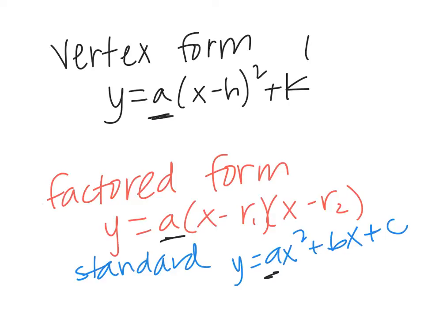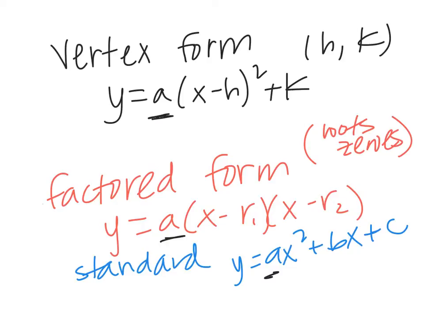So if you remember, your vertex will always be at (h, k). Your h in that parentheses, remember, lies to you. So the h shifts it left or right, but it lies, and then your k shifts it up or down, and it's honest. Factored form is good for showing you the roots, or zeros, we also called it, and it also lies to you, so it's opposite of what you see in your parentheses there.